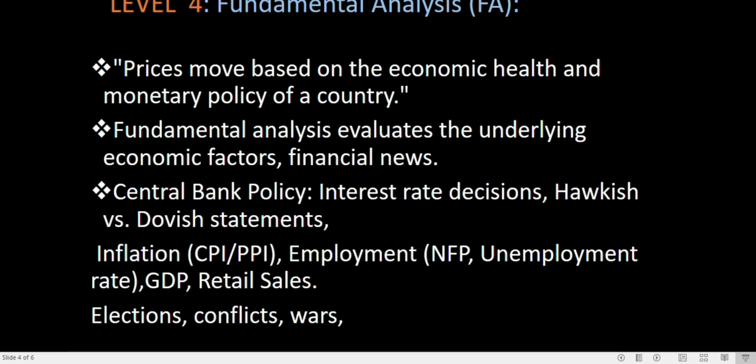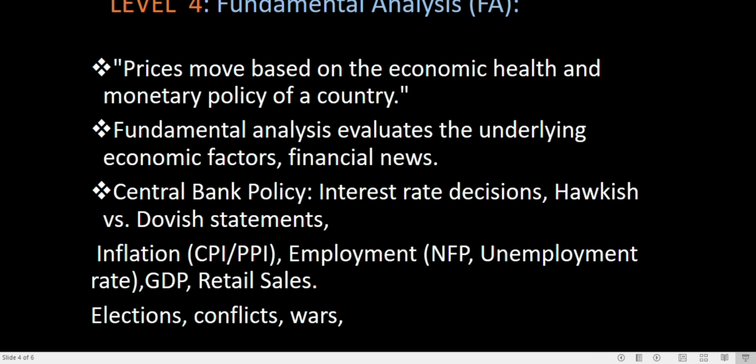So when such news is released and you expect it to be on a positive measure, then you can decide to buy the currency or to sell it. It depends on what news they drop at that particular point in time. So that is what fundamental analysis is all about.